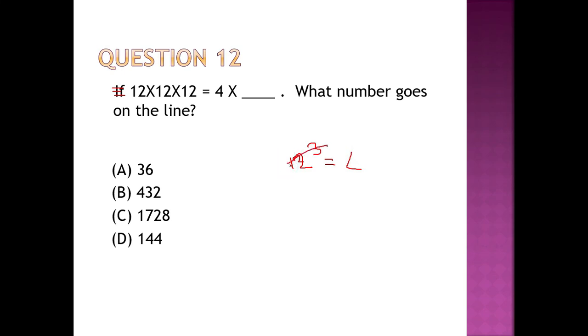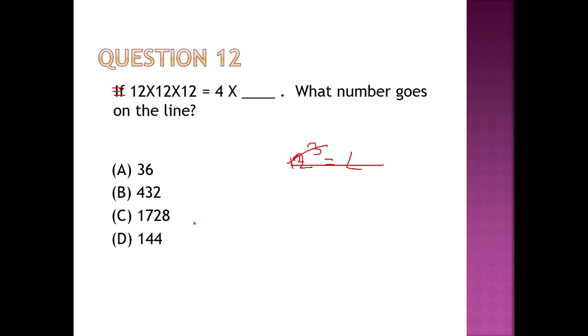Let me cross that out. We have 12 by 12. 12 times 12 is 144, and if we times that by another 12, then we have what? This has to be what we get in the long run, right?